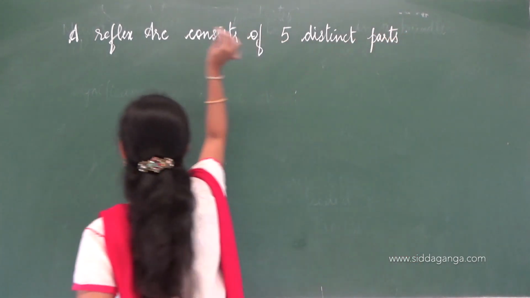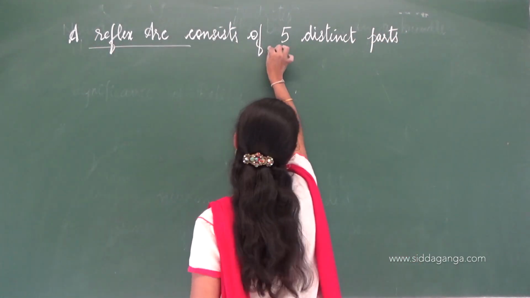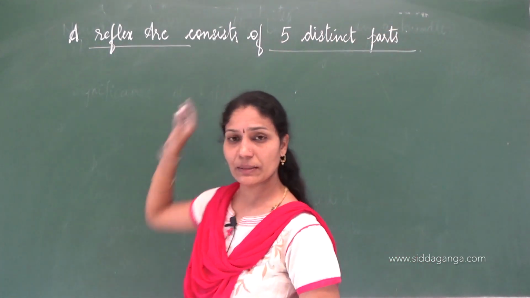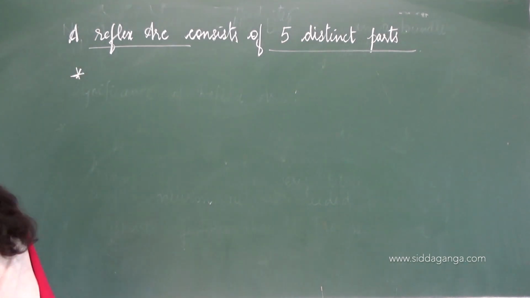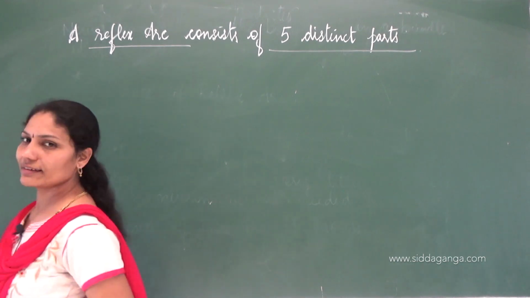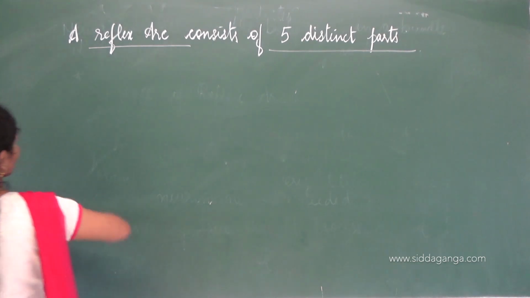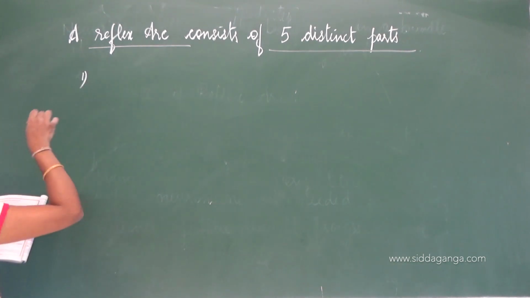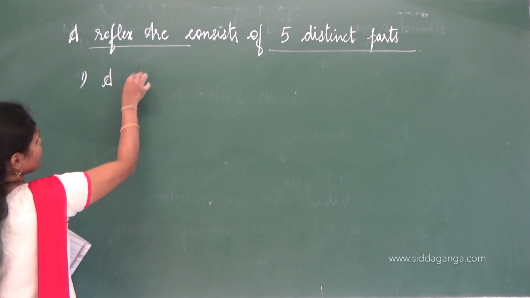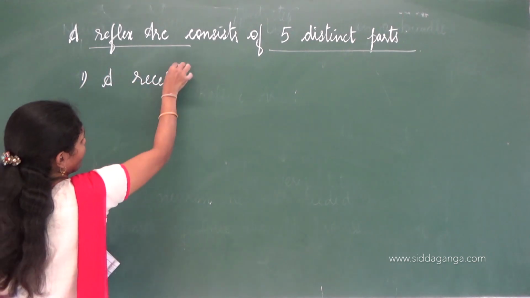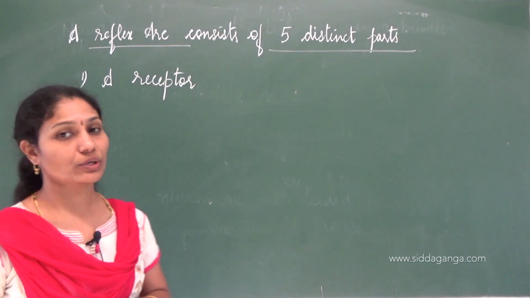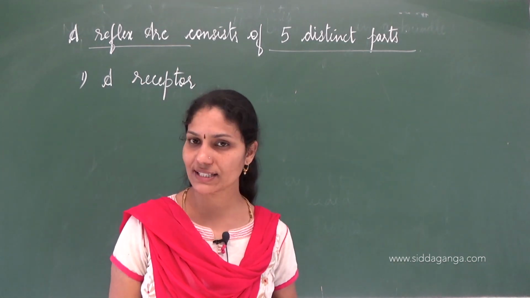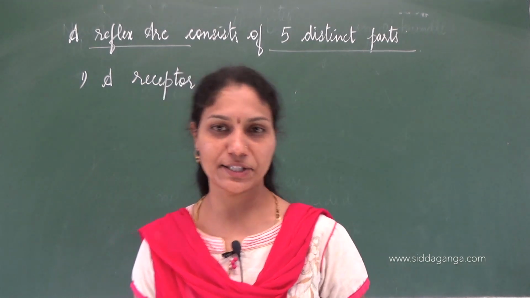Could you guess what are these 5 distinct parts? Obviously, the first part should be something that receives stimuli. So the very first part should be a receptor. A receptor is something that receives stimuli. So what are receptors? Obviously, the 5 sense organs are the receptors.